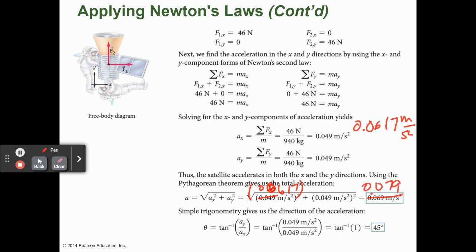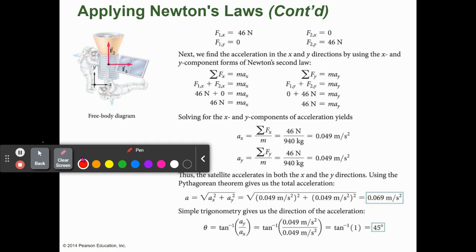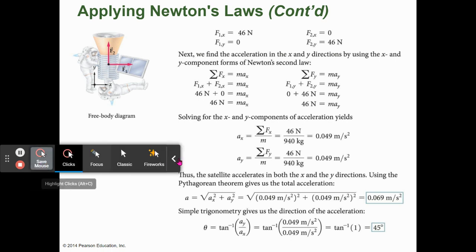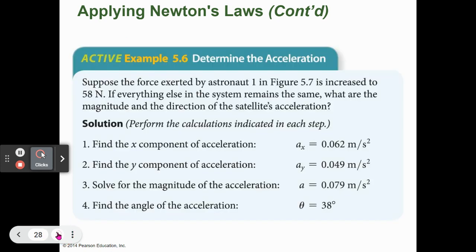Then 0.079, and that's going to change down here. Second function tan, and we get about 32. The other problem said 38, probably because I am severely rounding all of these numbers, and probably I shouldn't have done that. So that's where those changes come in.